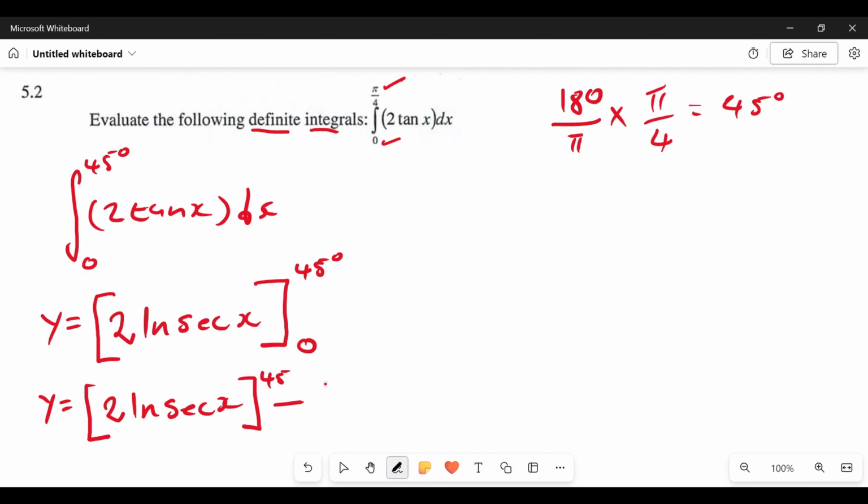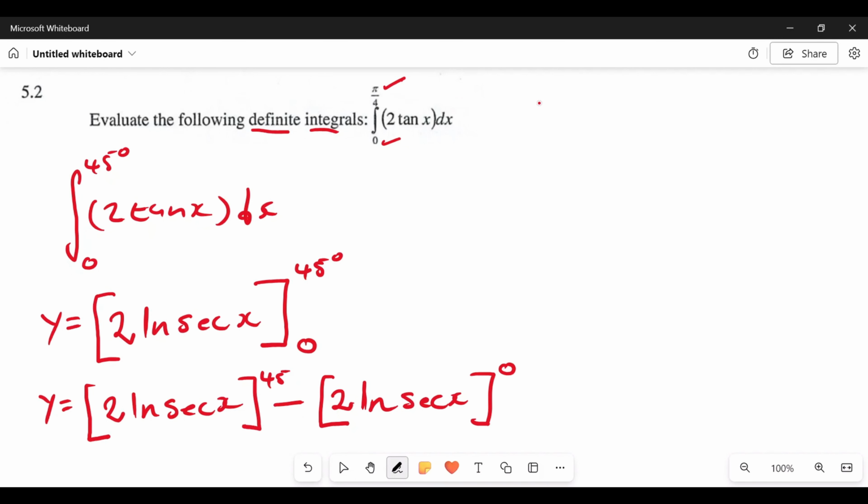And then you subtract with the second bracket of the lower limit. But the integral inside the bracket is the same. It's going to be 2 natural log sec x. And then the lower limit is going to be 0. Guys, I repeat, these are limits, not powers. Just in case you get confused, these are just limits.